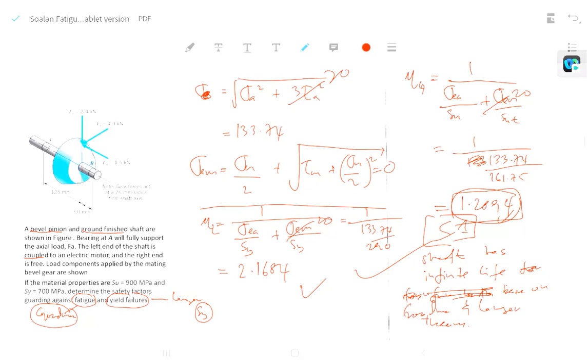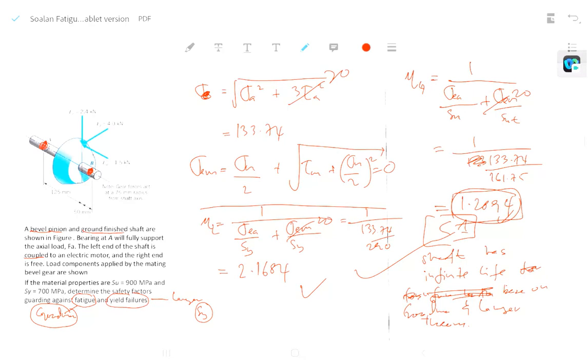So the same steps that we have to proceed, but the first thing we need to identify is the reaction force here. The reaction force here.